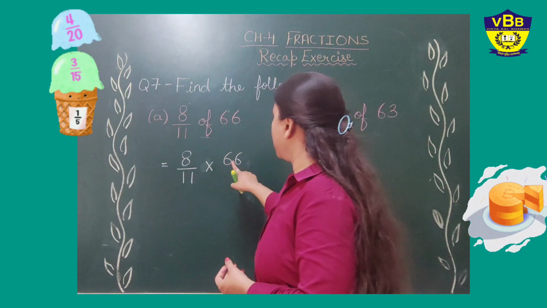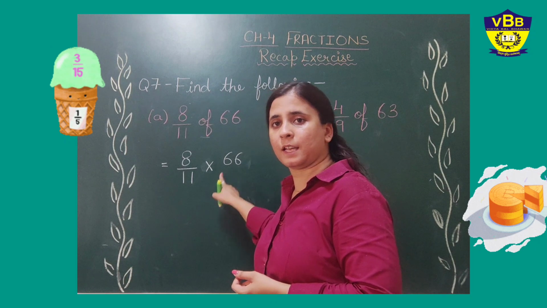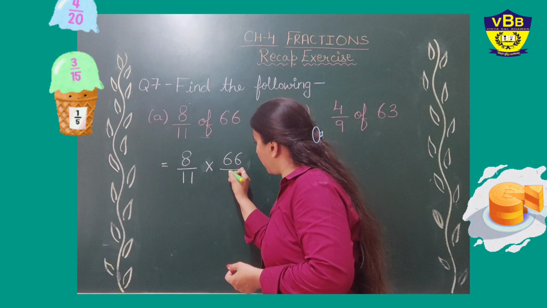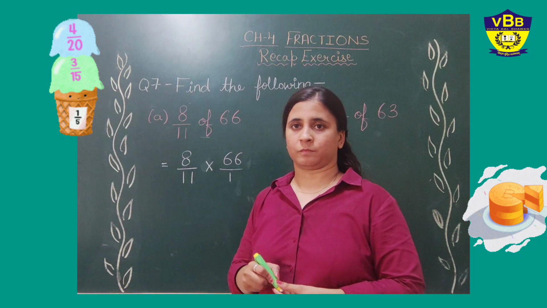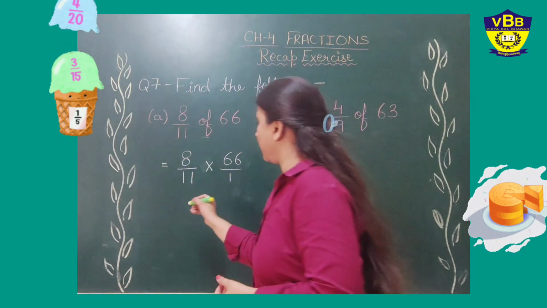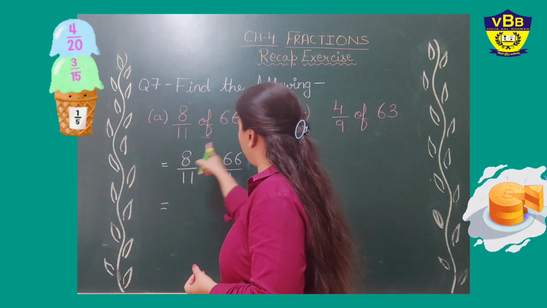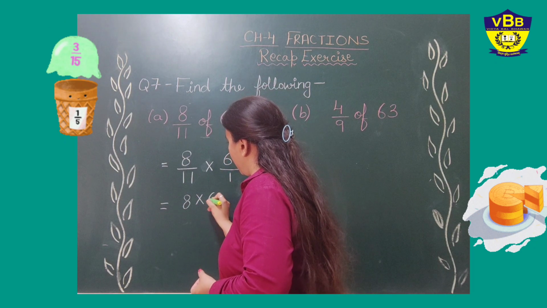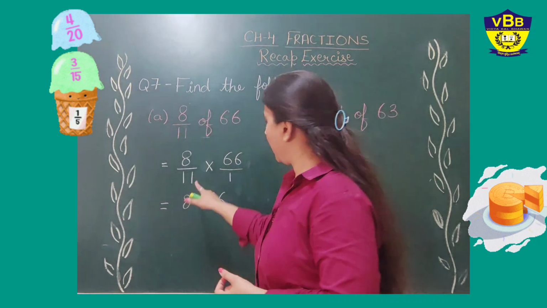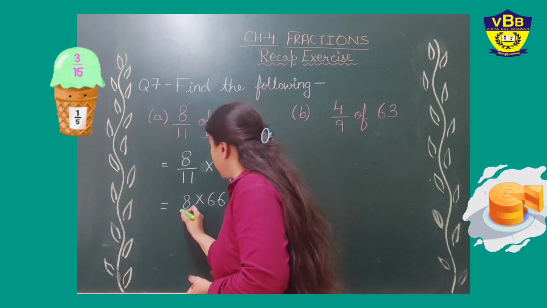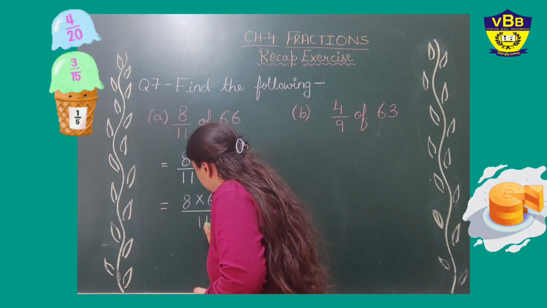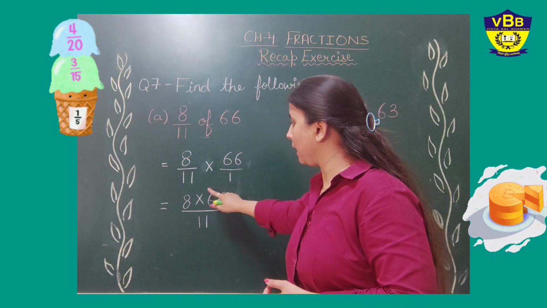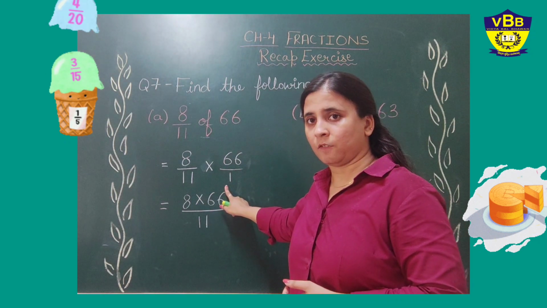Okay. Now 66 is a whole number. There is no denominator below it. What you can write? You can write 1. Now see, what I will do, write my numerators together with the multiplication, which we have.